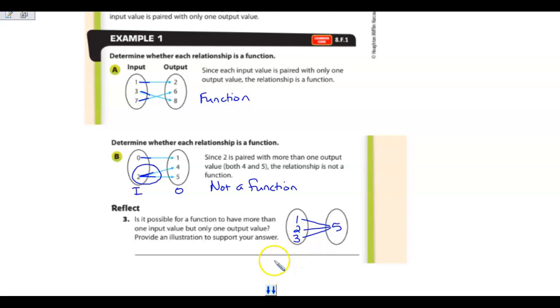Yes, it is possible, and it is still a function. In cases like this, remember your input is your x values, your output are your y values. So what this is saying is that y equals 5. No matter what x is, y is always going to be 5. Okay?